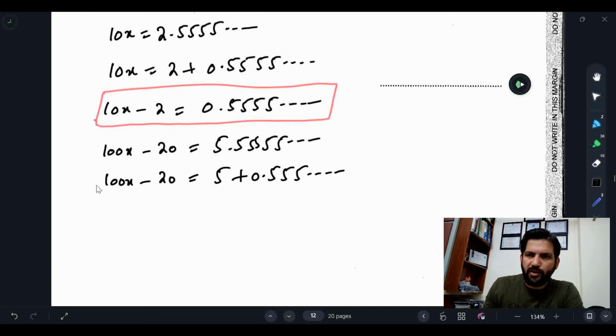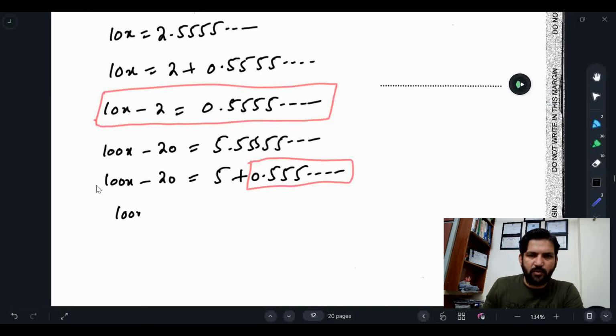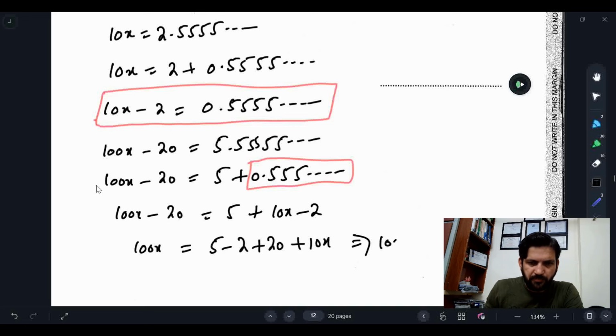We know that this 0.555 portion is equal to 10x minus 2. So we can replace it: 5 plus 10x minus 2. Now we can easily rearrange it. So 100x is equal to 5 minus 2 plus 20 plus 10x.